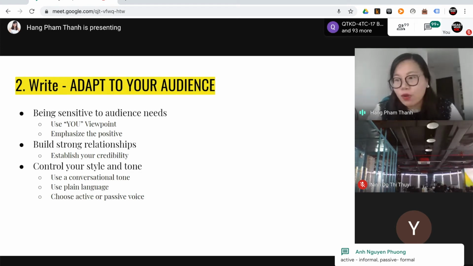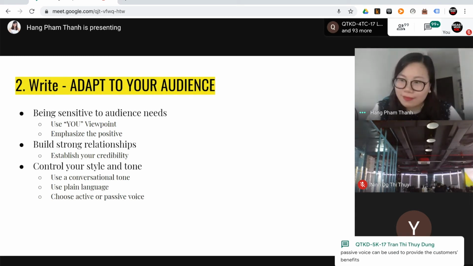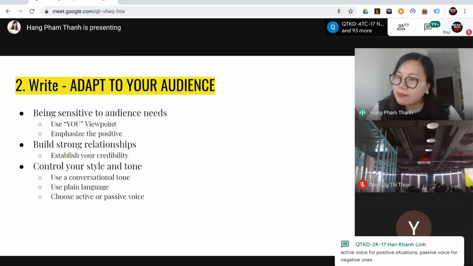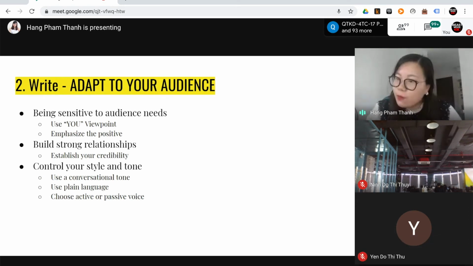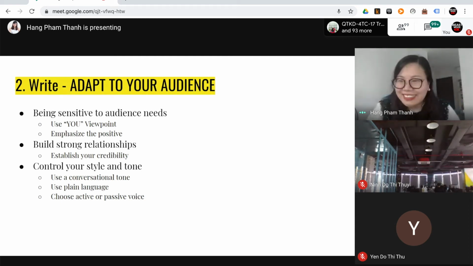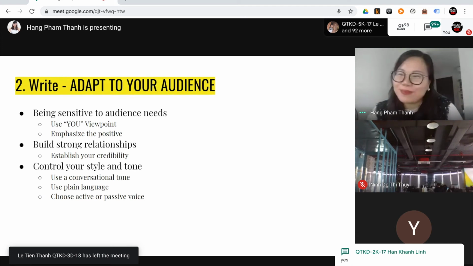Active is informal and passive is more formal. Okay, that is Phương Anh's idea, right? Anyone else? Passive voice to provide customers benefits, active voice for positive situations, and passive voice for negative ones. Okay, because you don't want them to blame anyone, right? Ling? Okay, anyone else? Any other idea?